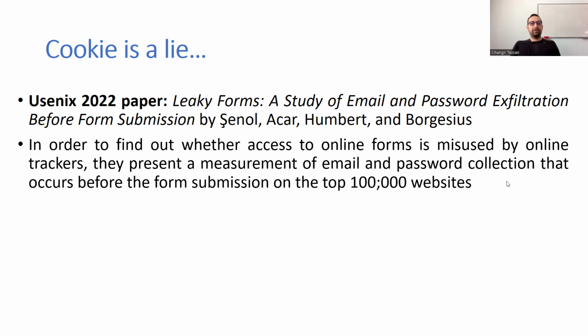Let me briefly explain what they did. In order to find out whether access to online forms is misused by online trackers, they present a measurement of email and password collection that occurs before form submission on the top 100,000 websites. They visited the top 100,000 websites, filled the form without pressing the send button, and wanted to check if their data still leaked.